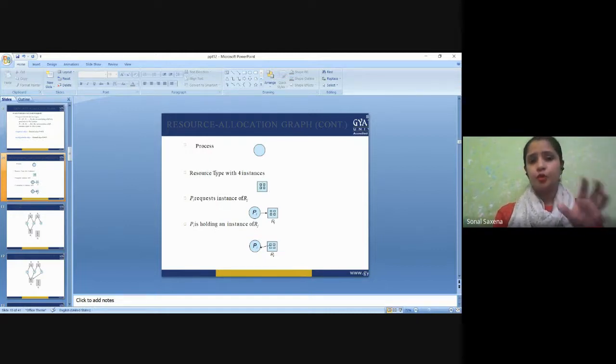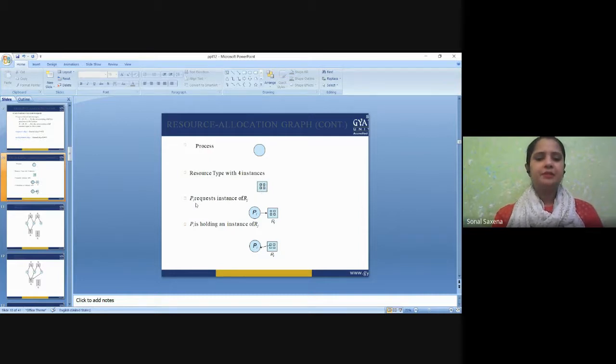If you want to show that your resource consists of 4 instances, or any number of instances, you show it with small squares inside it. Here I'm showing that a resource has 4 instances: 1, 2, 3, and 4.